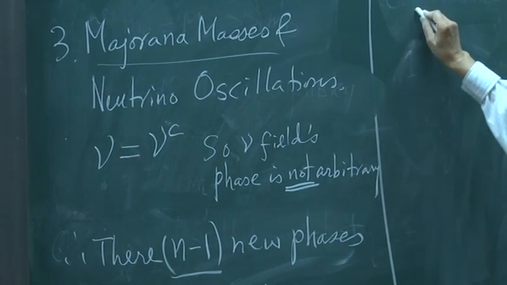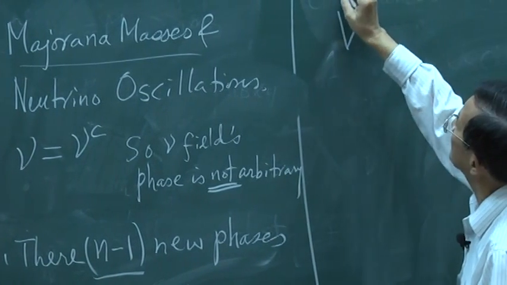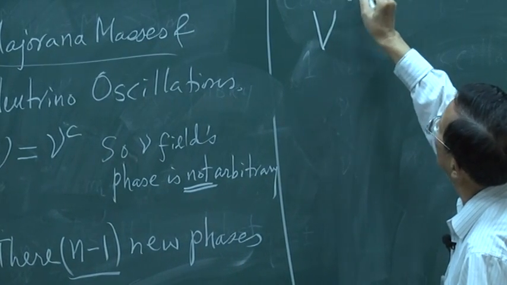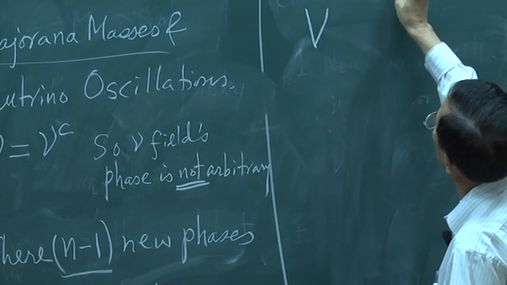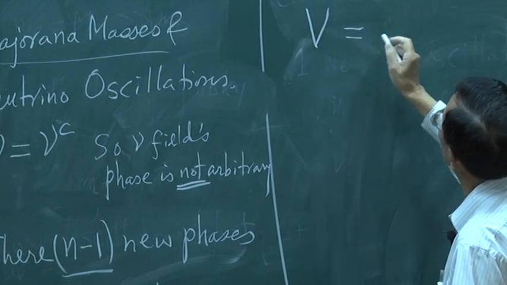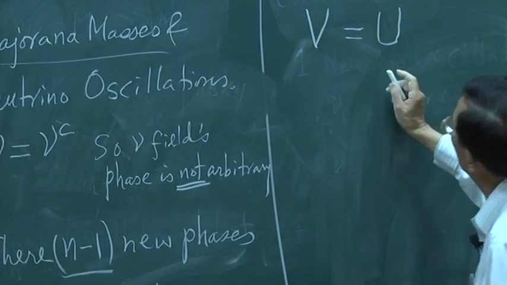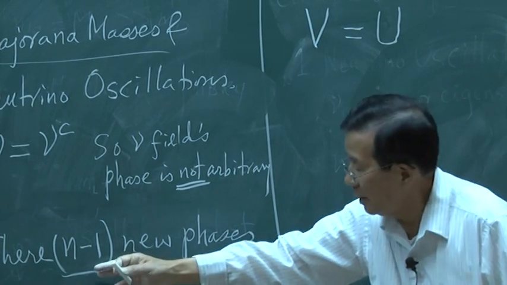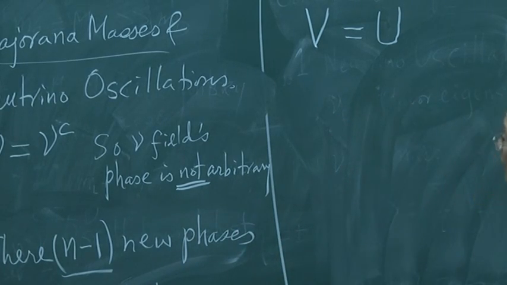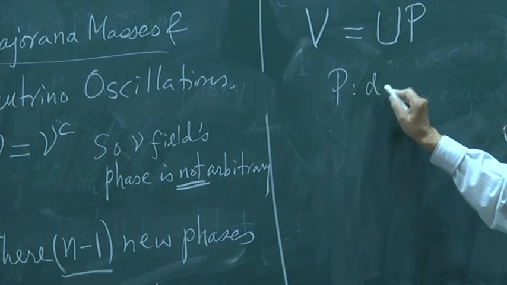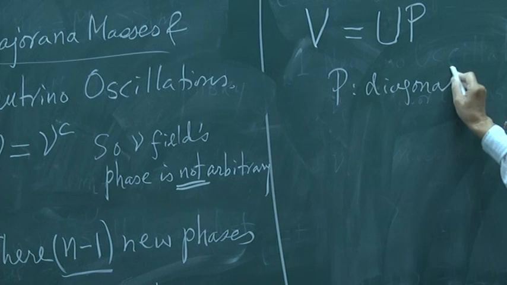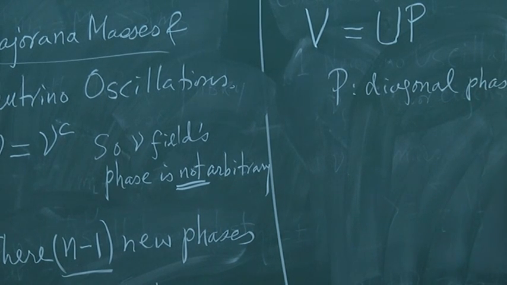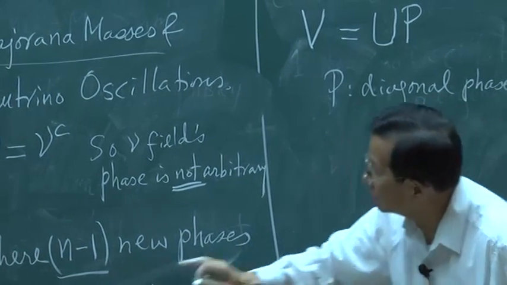If I write the mixing matrix V, then the original mixing matrix U has the n minus 1 phases absorbed. Then I have to put in another matrix here, P, a diagonal phase matrix. Is that clear? I have to put back these n minus 1 phases in here.